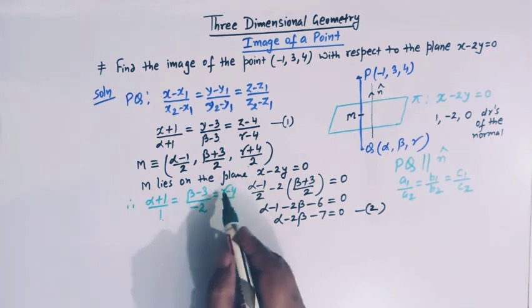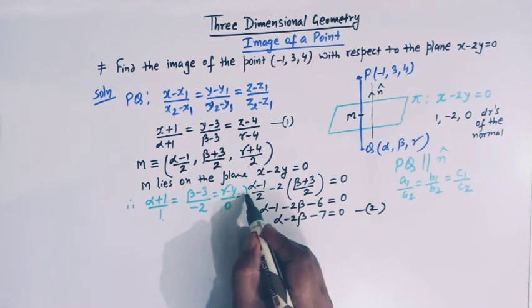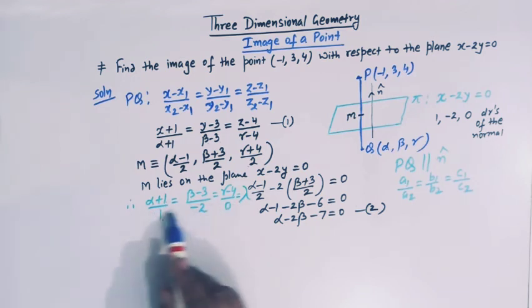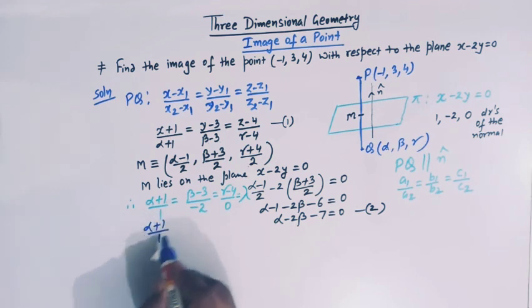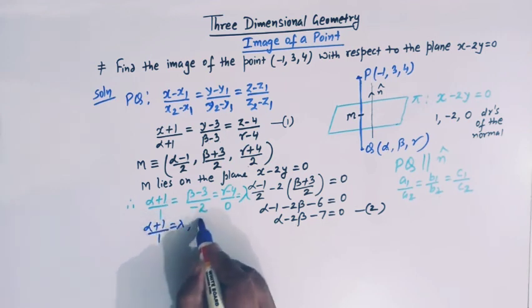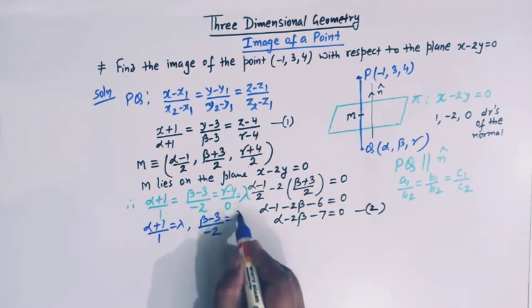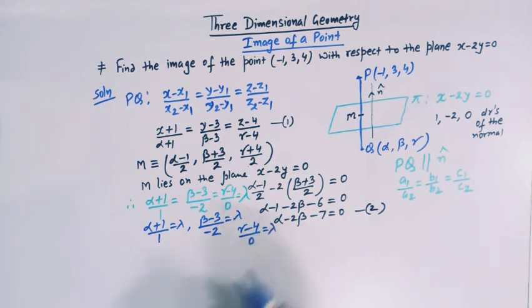Now let us equate these ratios to some scalar, say lambda. So from this we have (alpha plus 1) by 1 is equal to lambda, (beta minus 3) by minus 2 is equal to lambda, and (gamma minus 4) by 0 is equal to lambda.